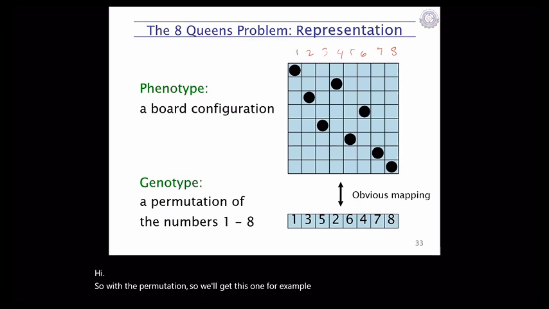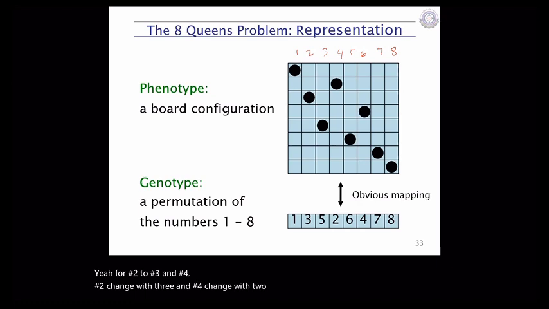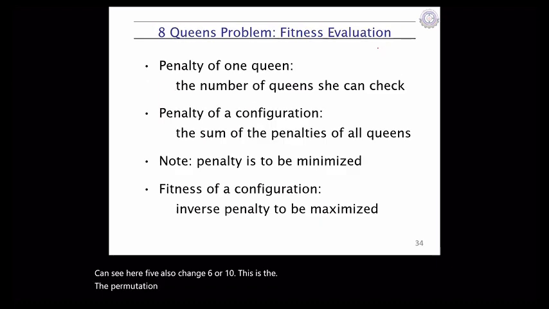We mutate some locations: number 2 is changed with 3, number 4 is changed with 2, and you can see here 5 also changes with 6. So this is the permutation from the previous configuration.